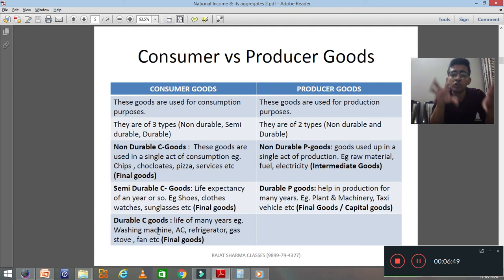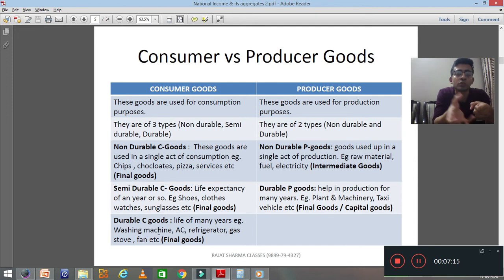So non-durable consumer goods are of course used in a single act of consumption. I eat a packet of chips, it's done. I open chocolates, eat, it's done. I go to the salon, get a haircut, service is done. Go to the movie theater, watch the movie, service is done. So all the services, all the edible items, they all are non-durable consumer goods.